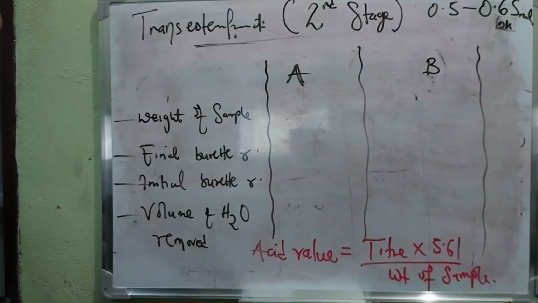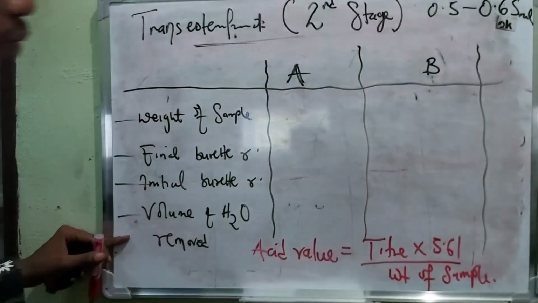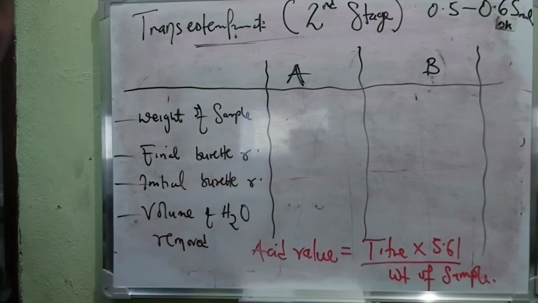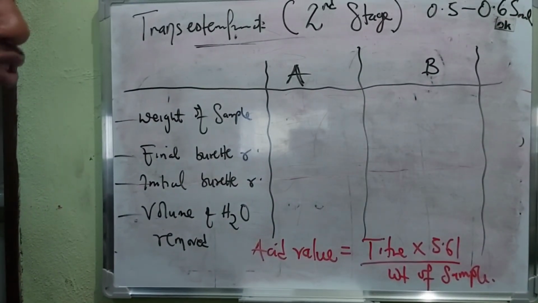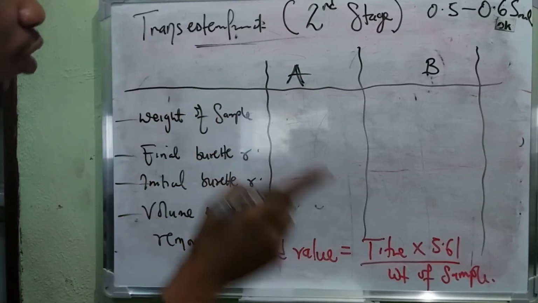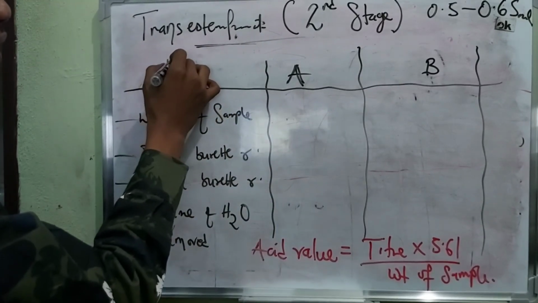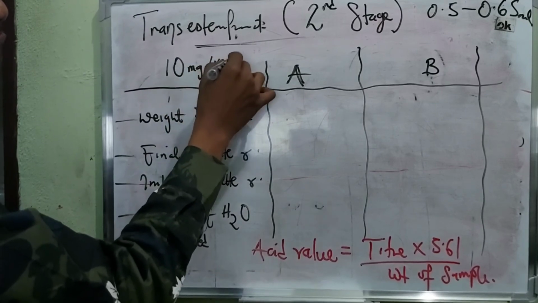So guys, you're going to have a table that looks like this for your respective aliquots for determining the drop in acid value. And the acid value should fall as low as 10 milligram KOH per gram.